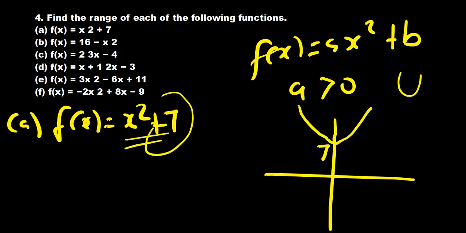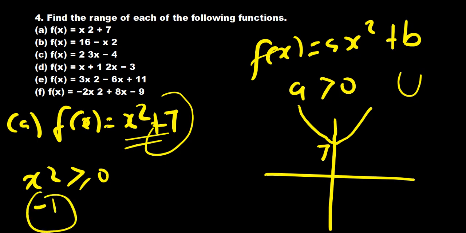Now what's the minimum value of this function? The value of x squared should always be non-negative. It's always greater than or equal to 0, because even if we put a negative in this expression, negative x squared, it will always be greater than 0, whether it's a negative number or a positive number.